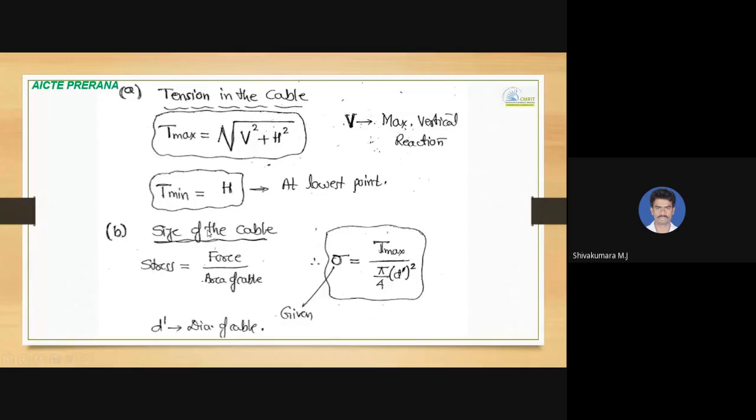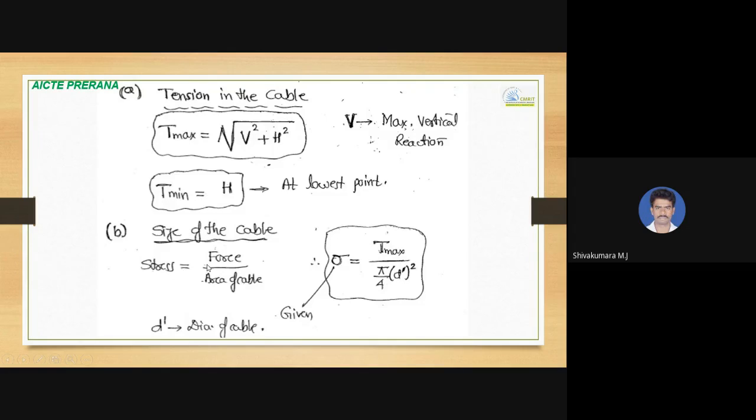And how to decide the size of the cable when it comes to the design part? We know that stress is equal to force divided by cross-sectional area. If it is mentioned that the cable should not be stressed beyond a certain permissible limit, then we know the maximum tension force, which we can substitute here as the force, and the permissible stress we can place here.